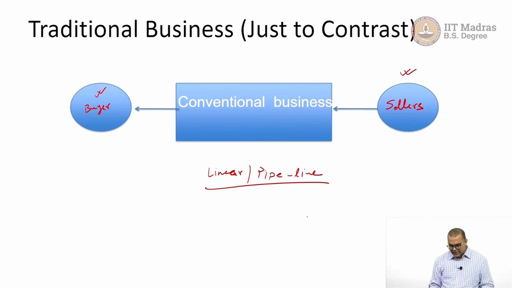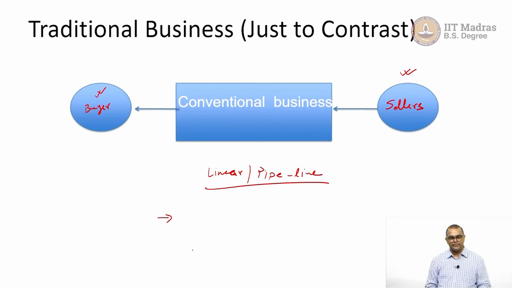So each one in the process is selling to the next unit in the chain. And perhaps these units in the middle are not doing any value addition other than bringing that Maggi packet to the proper location. So it's moving in a linear fashion. That's why we say it's a linear or pipeline kind of model.